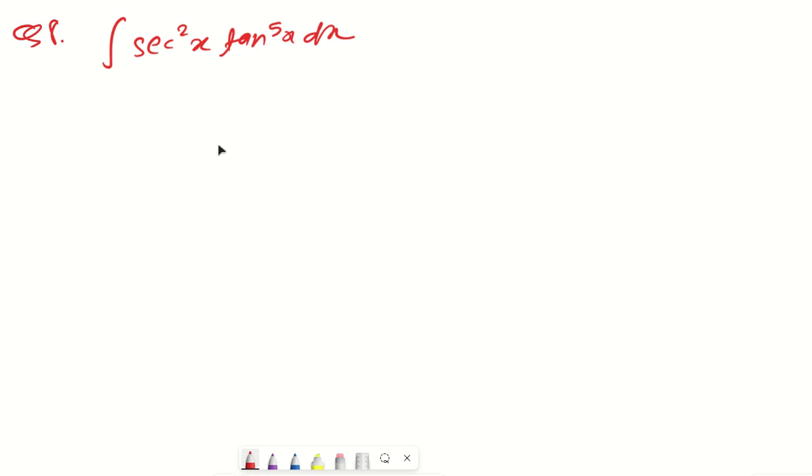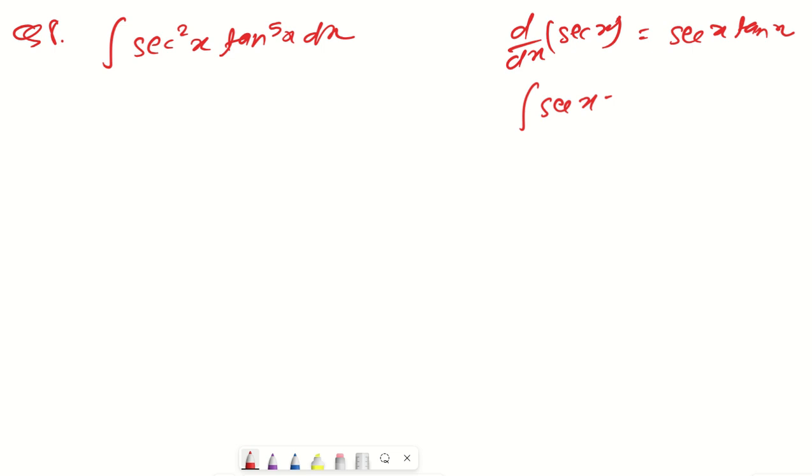We know already that the differentiation of sec x is sec x tan x, and the integration of sec x tan x dx is sec x, right?